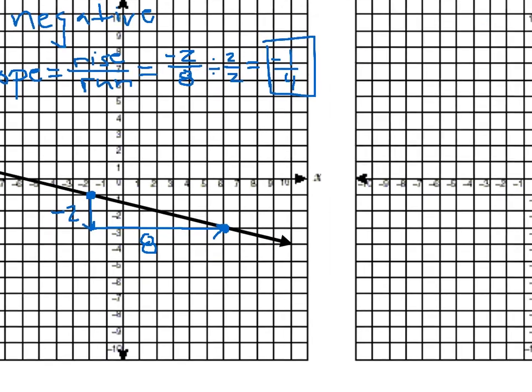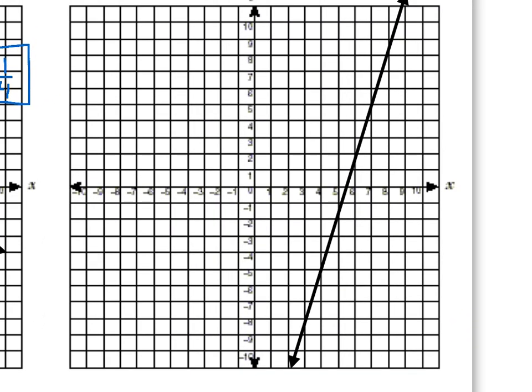And we've got one more example. First thing we notice about this line is that it has what type of slope? Patrick? Positive. It's going uphill.